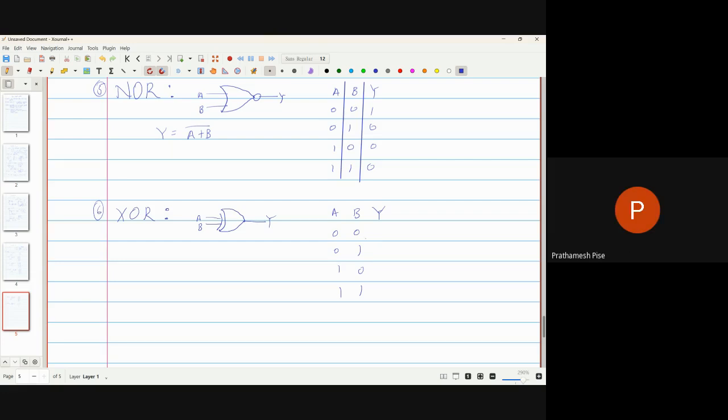It is basically an odd parity checker. So here 0 1 1 gives 0 because it's even. Same is true for any number of inputs of XOR.